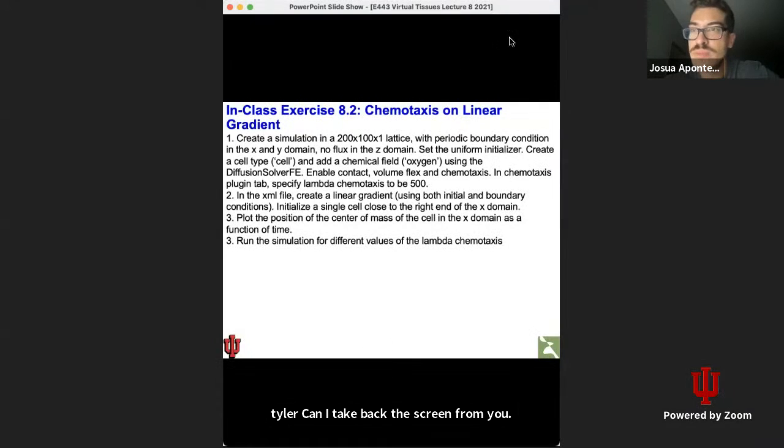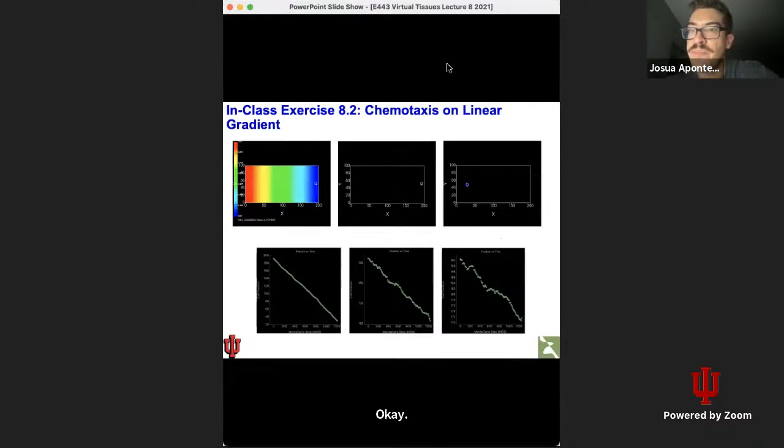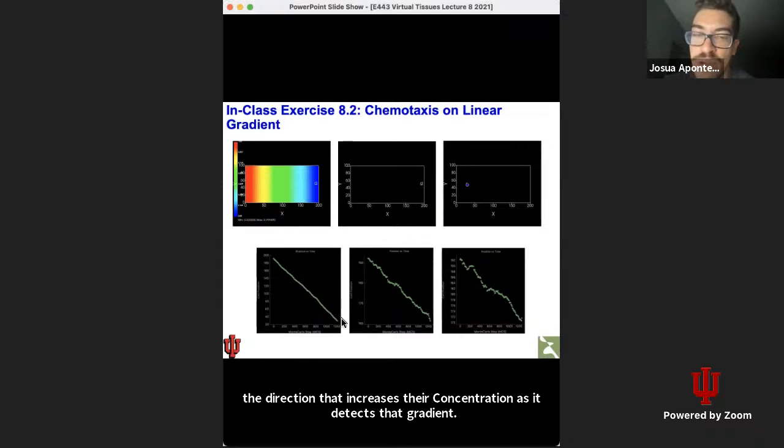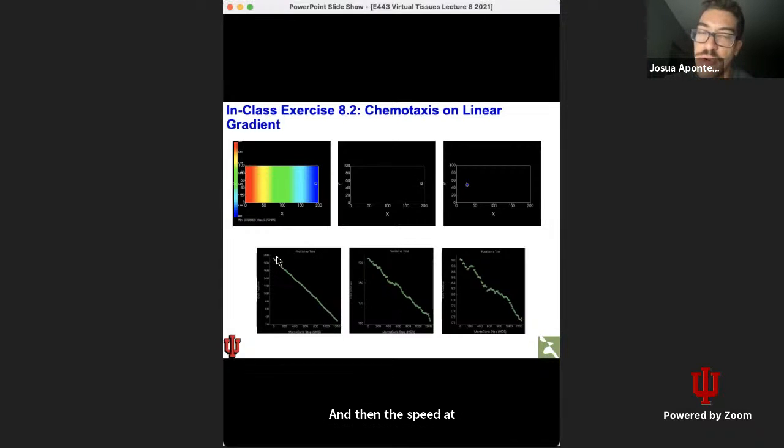Okay. So yeah. Initially the cell is going to move in the direction that increases the concentration as it detects that gradient, and then the speed at which it moves is proportional to that lambda chemotaxis.